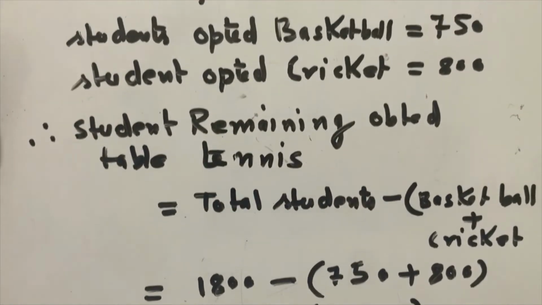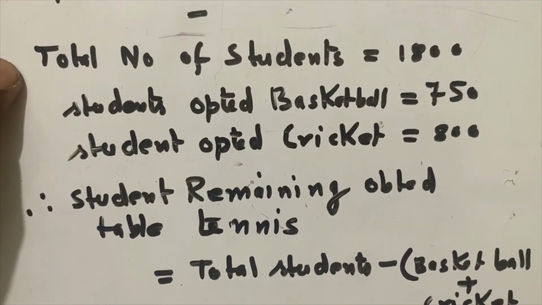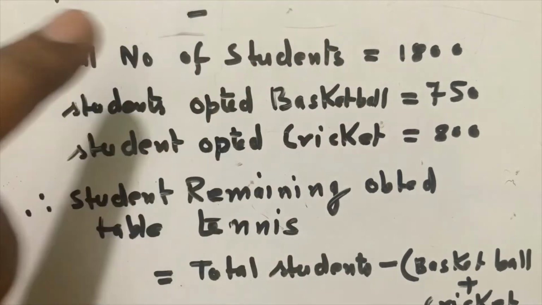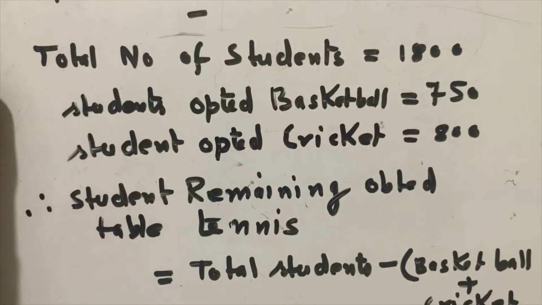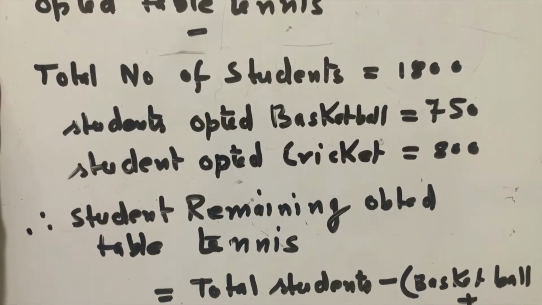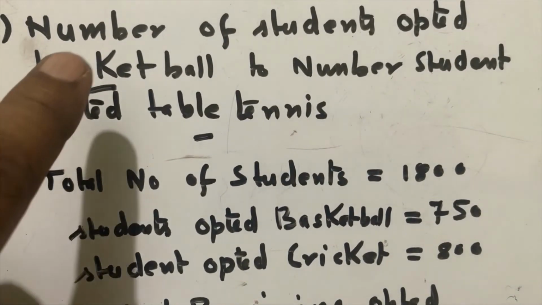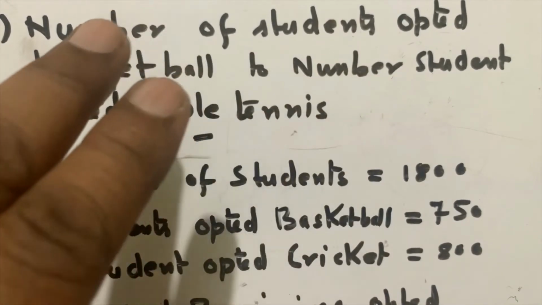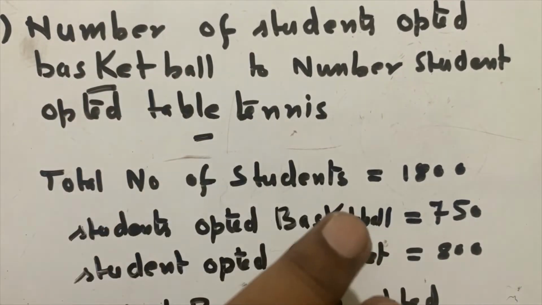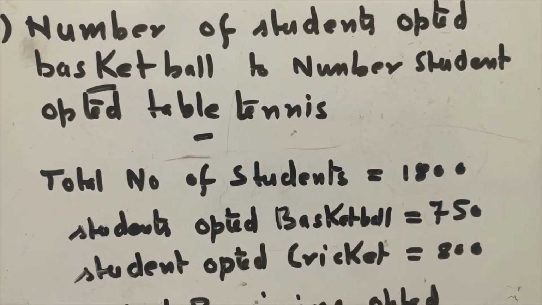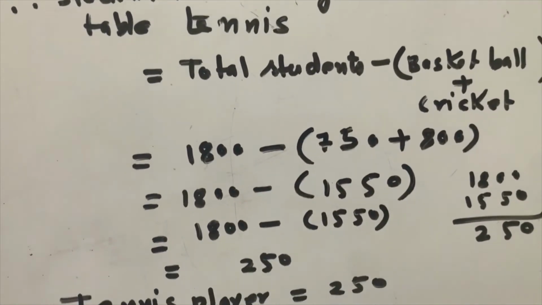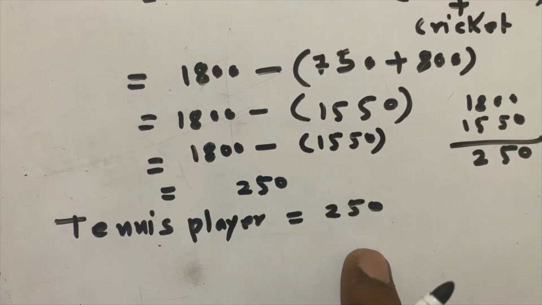Now we have to find the ratio of the number of students who opted basketball to the number of students who opted table tennis. Now we got the table tennis players are 250.